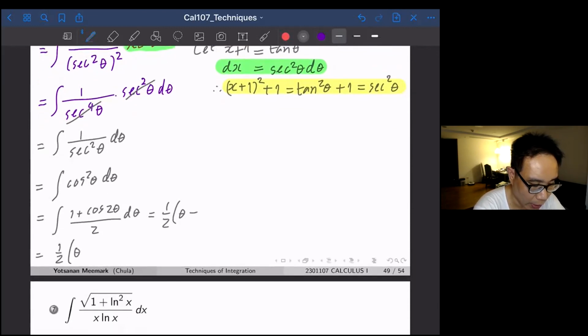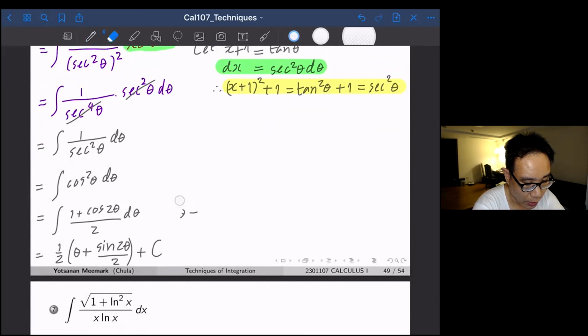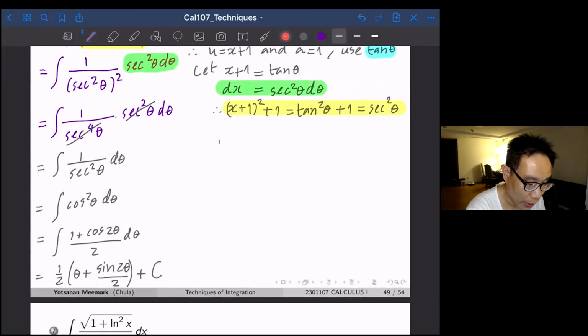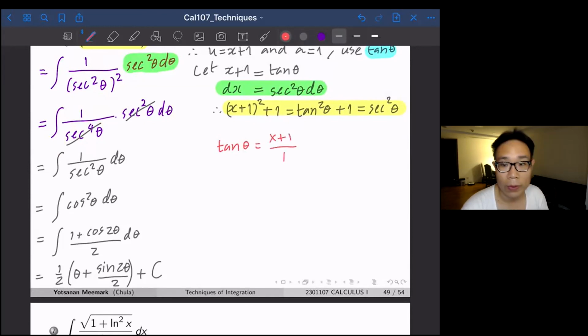So it's going to be theta, and integrate cos, you get sine 2 theta over 2. And finally, you're gonna change the function in terms of x. So you have tan theta equal to x plus 1 over 1. Okay, so this one will be opposite over adjacent.